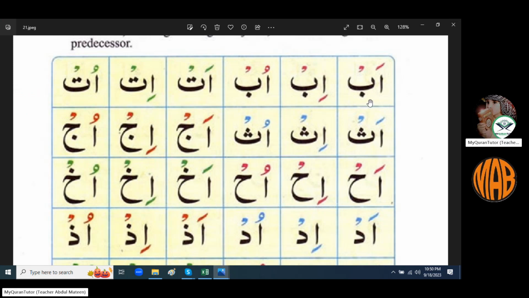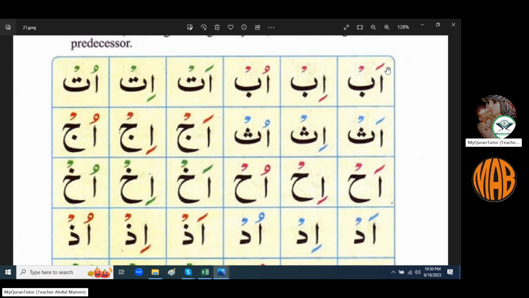Because in qutubu jaddin there is a ba. And it also has sukoon sign, so definitely we have to do qalqala.